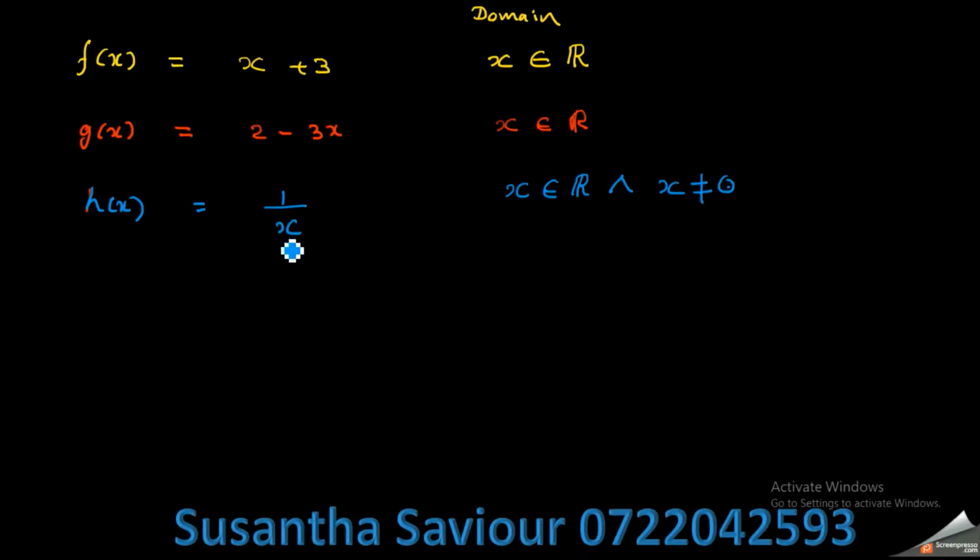Therefore this particular value has no corresponding value in the range, therefore it is not a function. But if you exclude this x equals 0 value from this domain, then it will become a function. So the domain of this function, 1 over x, is x belongs to R and x is not equal to 0.